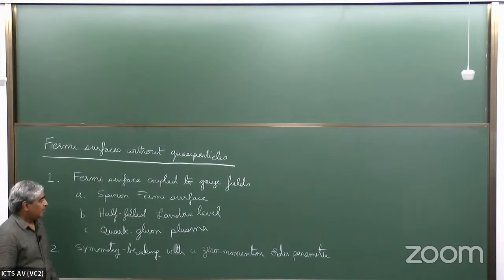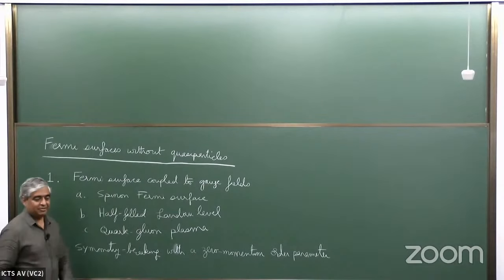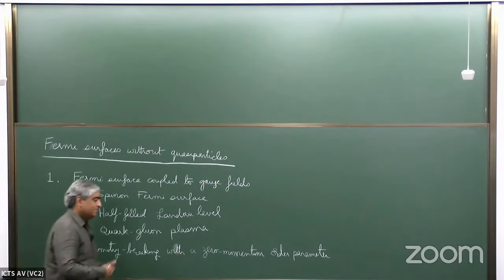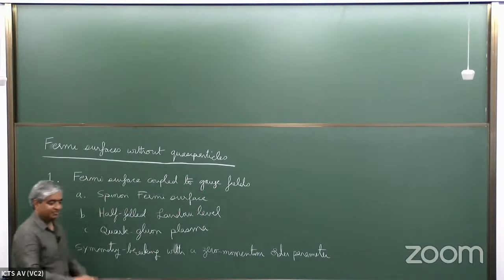As we'll see, the gauge field is very strongly damped in all of these cases. So the assumption is that the confining force doesn't take over. Of course, if the confining force took over, then the Fermi surface would disappear. So just the fact that you're talking about a Fermi surface means that the gauge field is not confining.